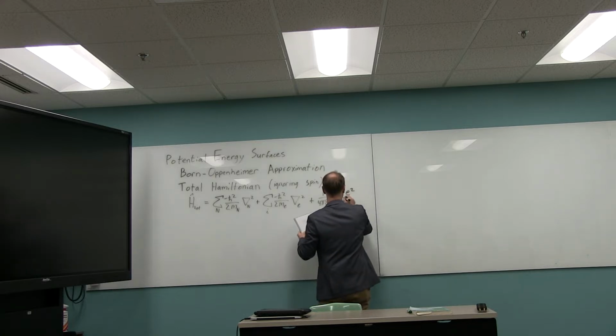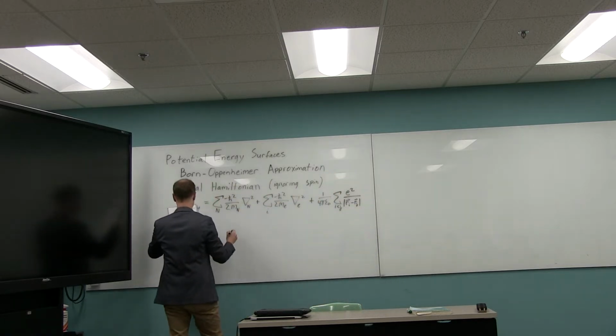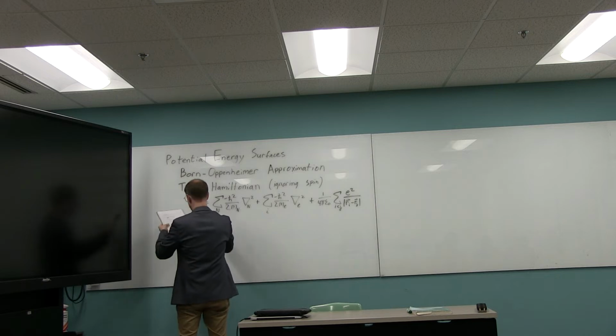And then we need e squared over the distance between the electrons. Okay, so that's electron-electron repulsion.